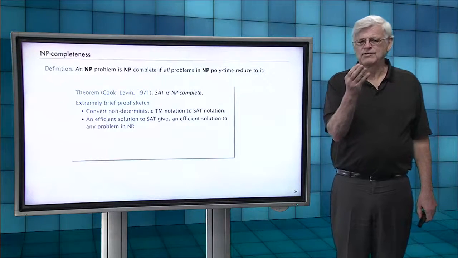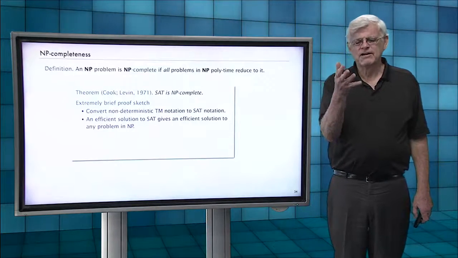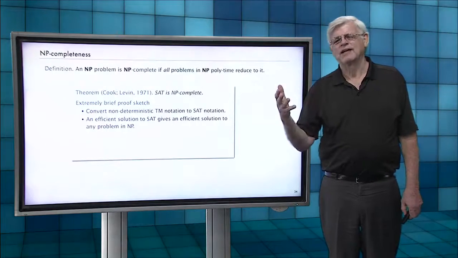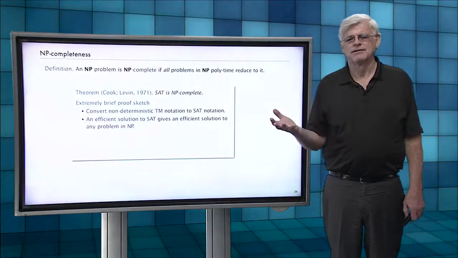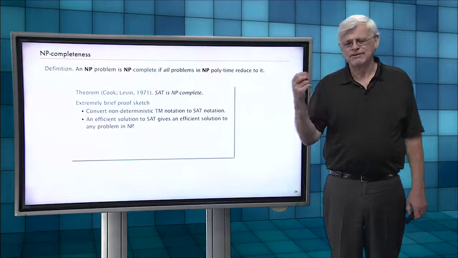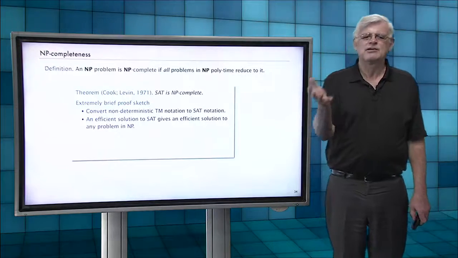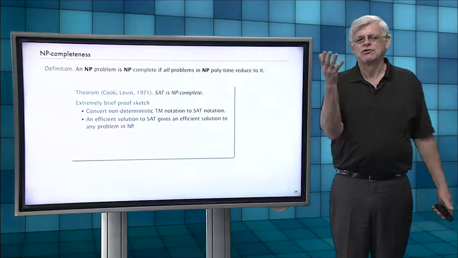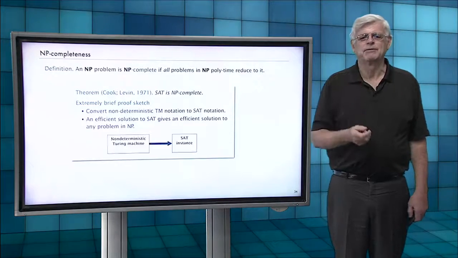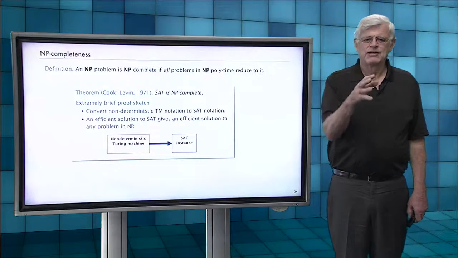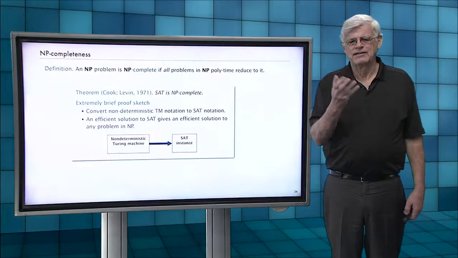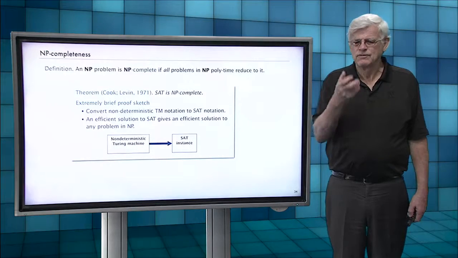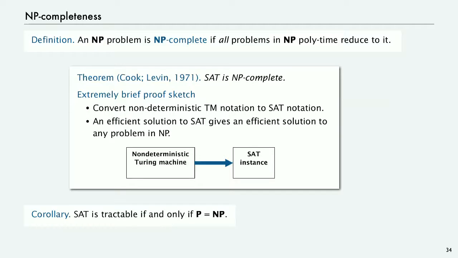But that's what the proof does, is get to the point where given any search problem, you can make a non-deterministic Turing machine, and then you can convert that into an instance of SAT, which means that if you have an efficient solution for SAT, then you have an efficient simulation of that non-deterministic Turing machine, which gives an efficient solution to any problem in NP. So non-deterministic Turing machine goes to SAT instance, and that's the reduction. And again, I'm very, very much oversimplifying this proof. It's really an amazing fundamental result.